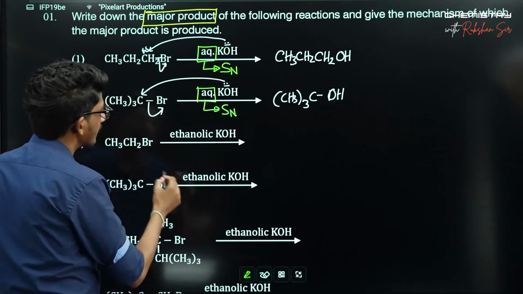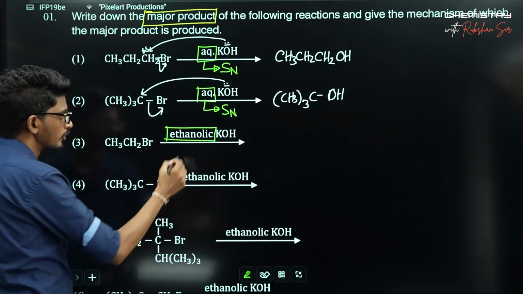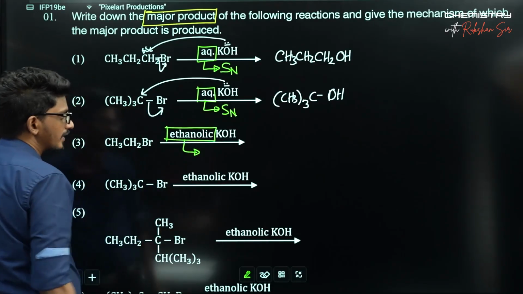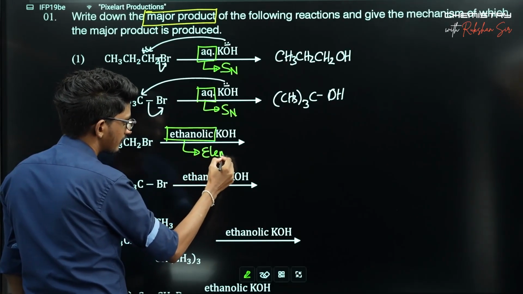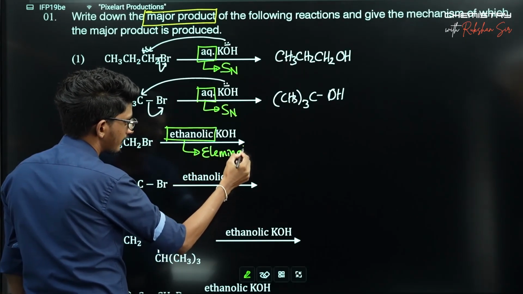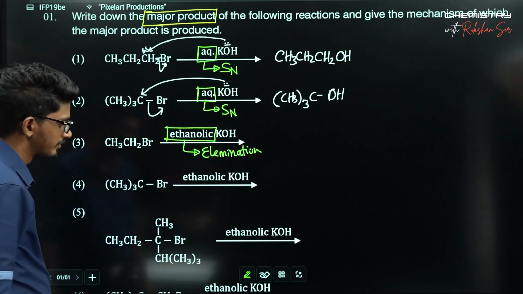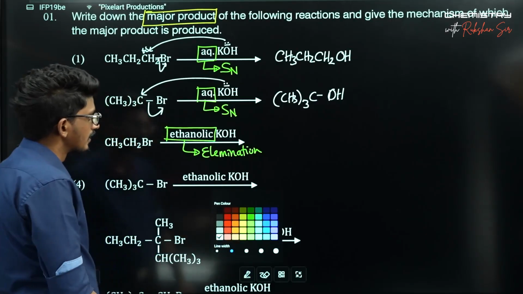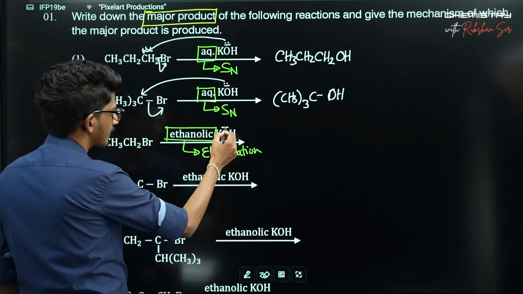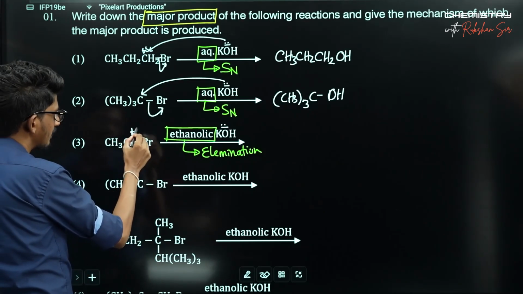Nucleophilic substitution product. What about this one? See, ethanolic medium is used. So we are supposed to come up with the elimination product. Alcoholic medium, eliminations are preferred. So elimination product means OH minus is going to attack this delta positive hydrogen, right?